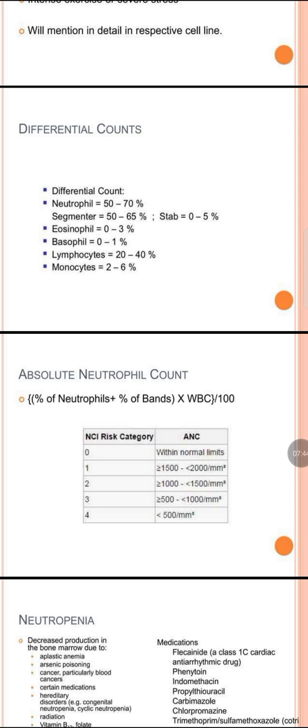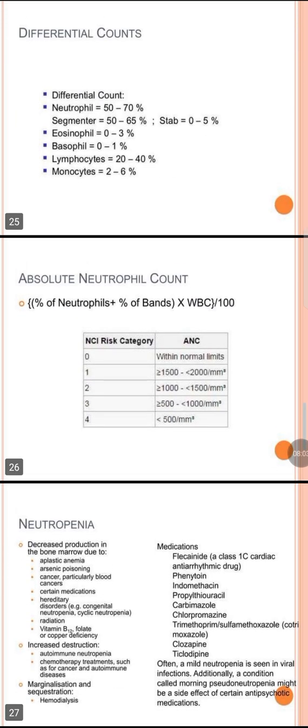Neutrophilia is an increase, neutropenia is a decrease. Eosinophilia, an increase in the eosinophils, is seen in parasitic infections and even in allergies. Basophils, we have basophilia and basopenia as well.